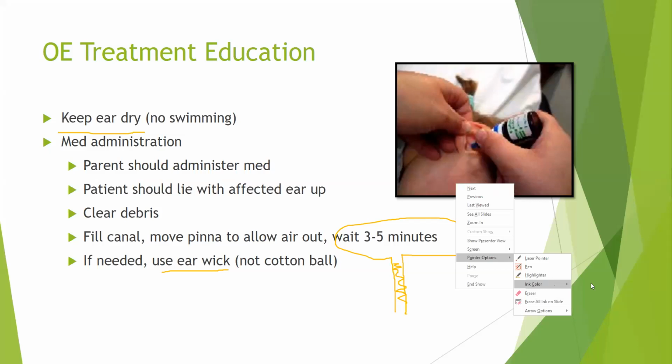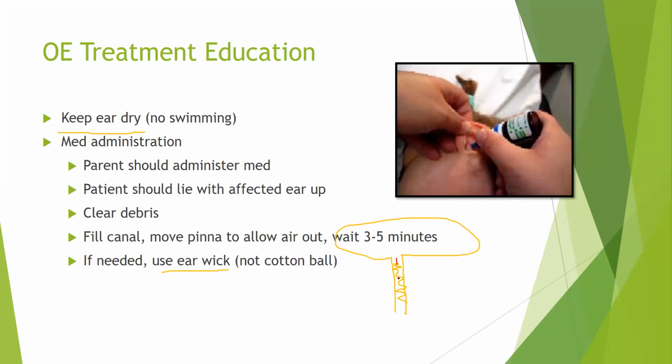And what the earwick will do is, insert it down like that. And then you put your drops on, and the earwick sucks them up and then allows that medicine to diffuse into the surrounding tissue and repair that infection.